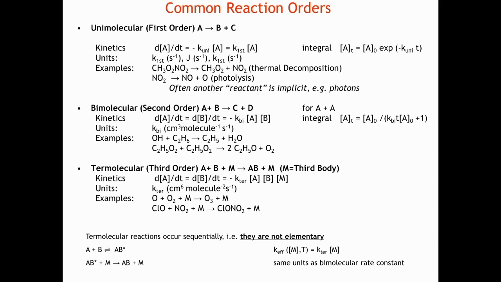So are you happy with unimolecular, bimolecular, termolecular, initiation, propagation, branching and termination? So they are the classes of reaction, the types of reaction, the order of reaction, and how. So if you were given a reaction rate and it had units of centimetre sixth molecules to the -2 per second, you would know it's a termolecular reaction.